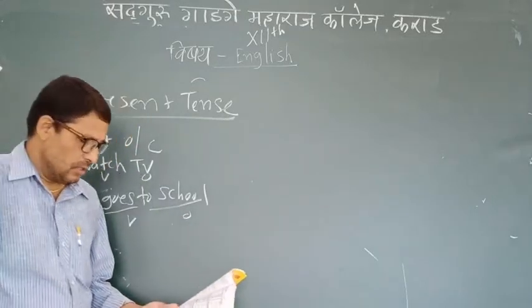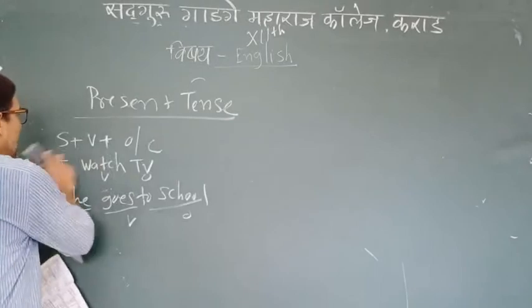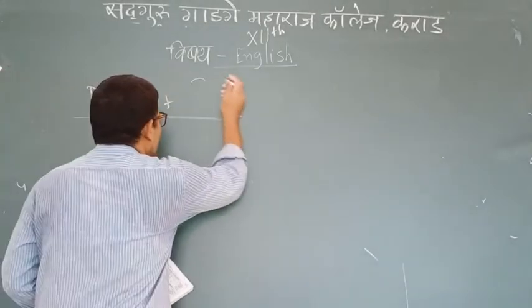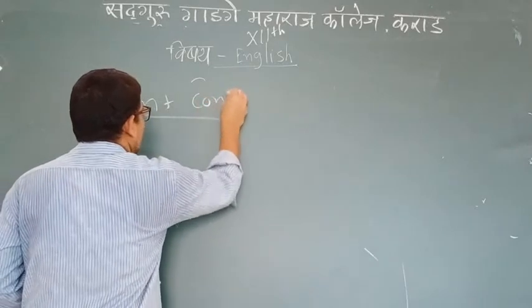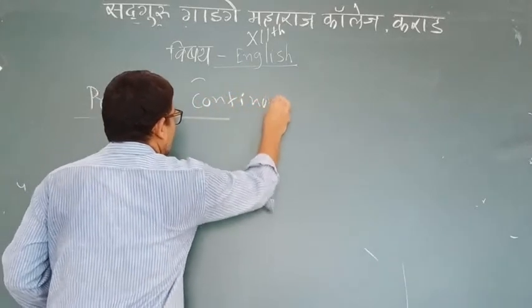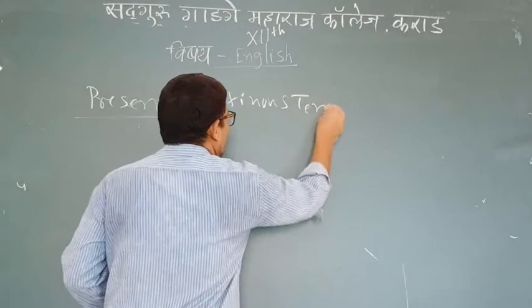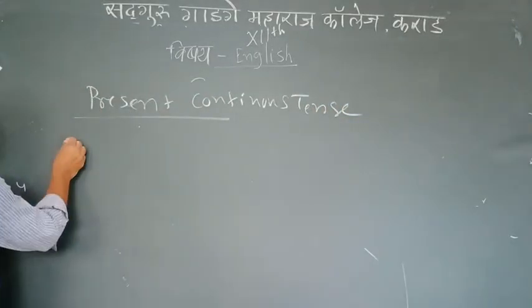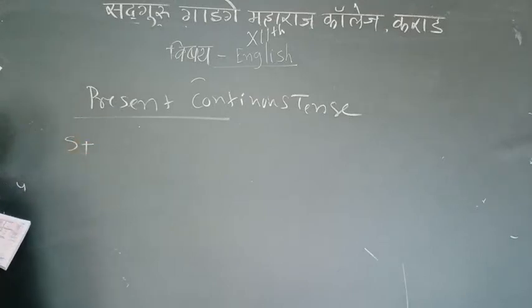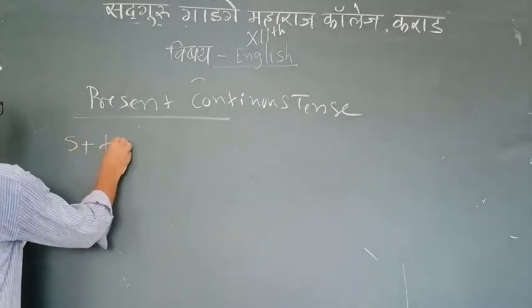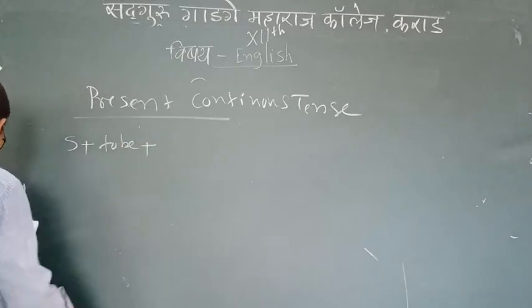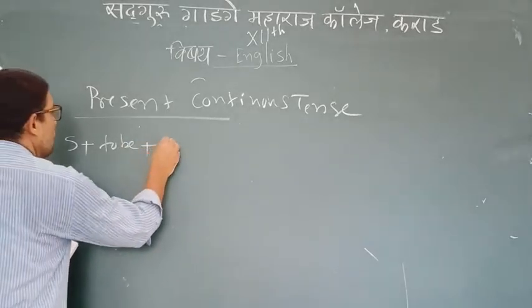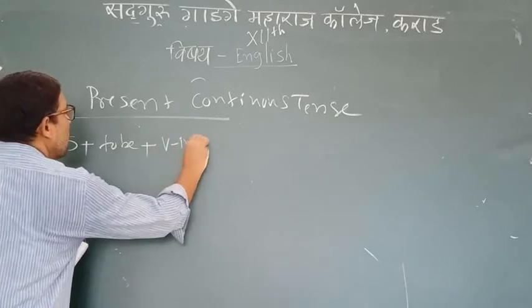Now see the present continuous tense formula. First is the subject. Then the to be form. Then the verb, to which you have to add ing.